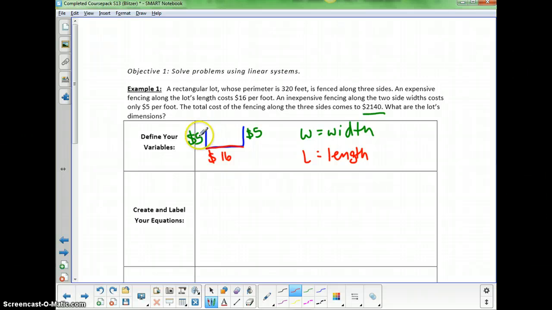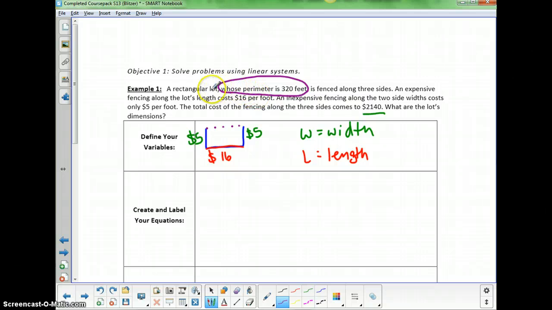The 2 pieces that are going to hold this together are, first, that we were told the perimeter of the lot is 320 feet, and even though there's only fence along 3 sides, perimeter is a measurement of all 4 sides. I know the perimeter of a rectangle is 2 length plus 2 width. If it really had only 3 sides, they couldn't have used that word perimeter.